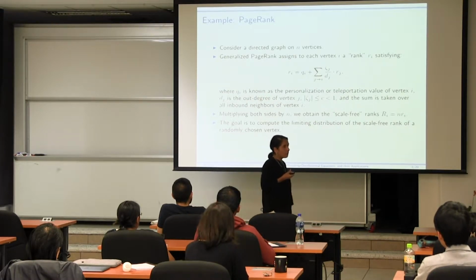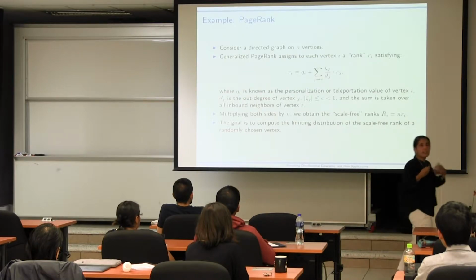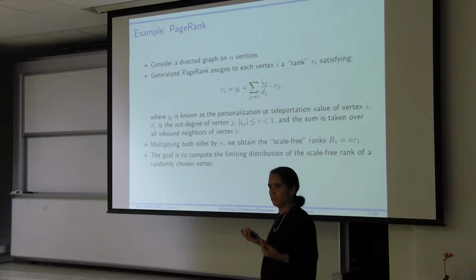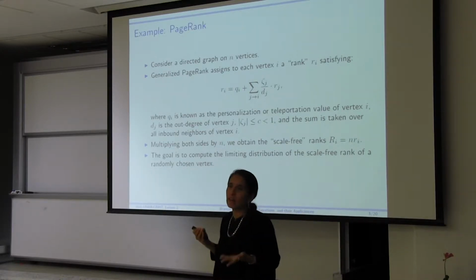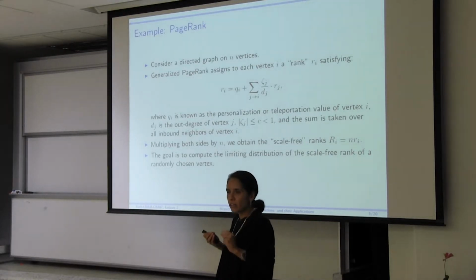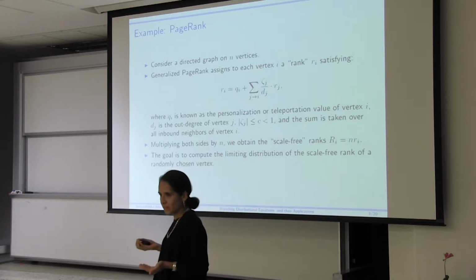And instead said, well, let's give each website a number, a universal number that doesn't depend on anything else. It's a rank, in the sense that it's a number between 0 and 1, where numbers close to 1 mean that the page is more relevant in some sense.